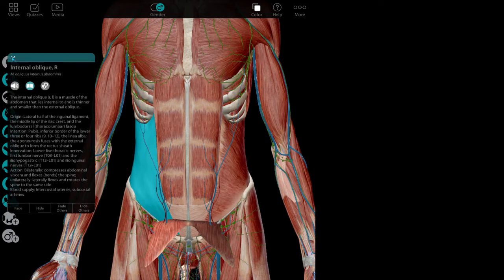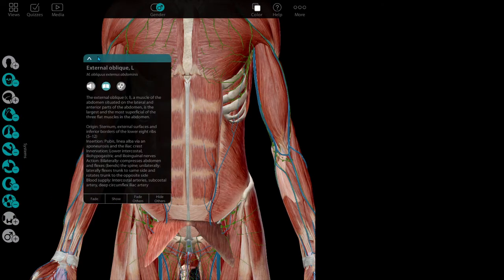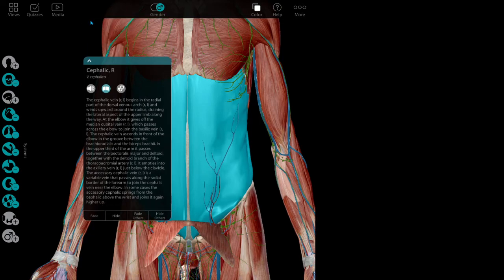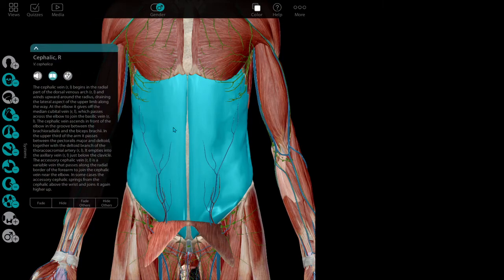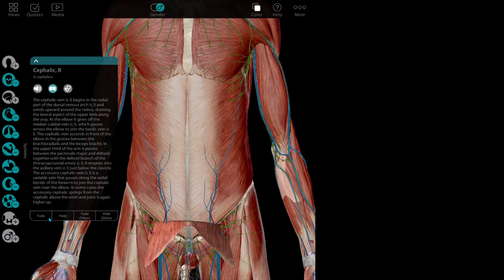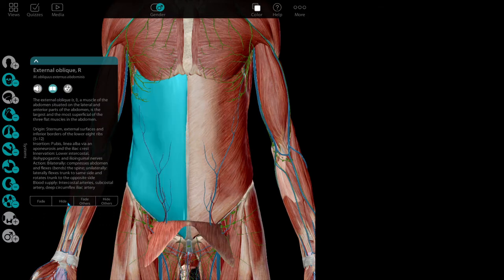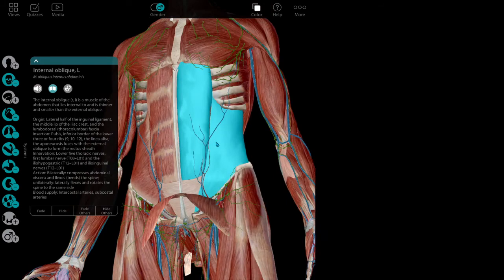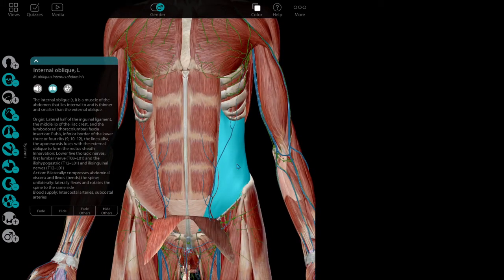The origin of this internal oblique is the lateral half of the inguinal ligament, here at the bottom.